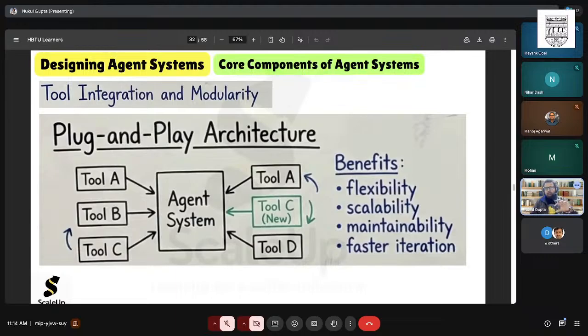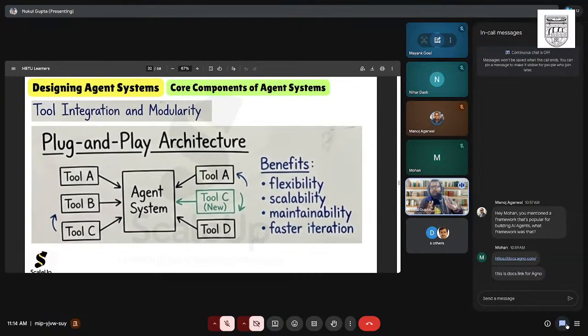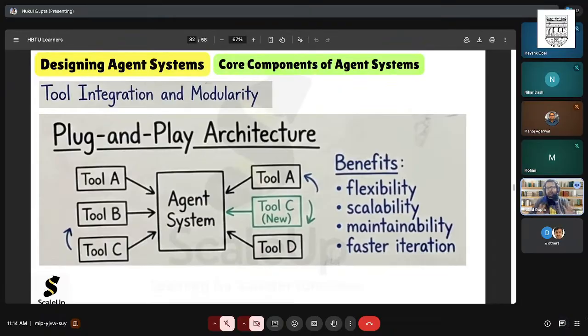Like tool B should have nothing to do with tool A. We have to be very careful about intercommunication. We should not have dependencies. All tools should work independently. That's very important.